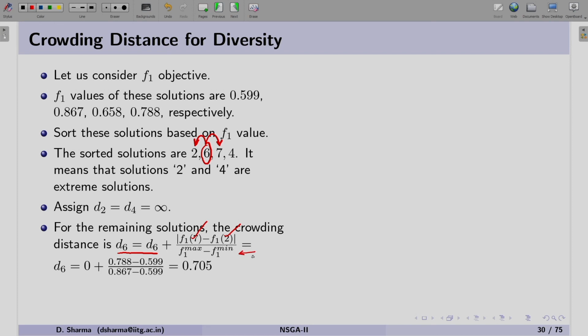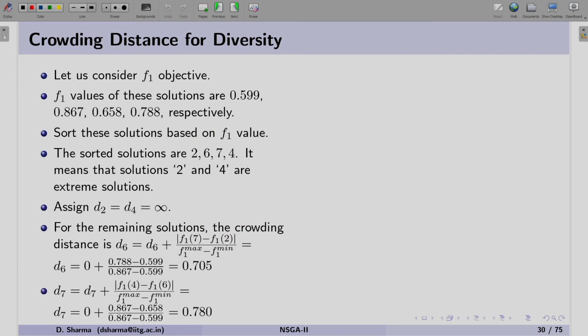Again, F1 of 7 and F1 of 2 we can identify from line number 2. Similarly, the F1 max and F1 min can also be calculated from line number 2. By putting in the values, we get D6 equals 0.705.